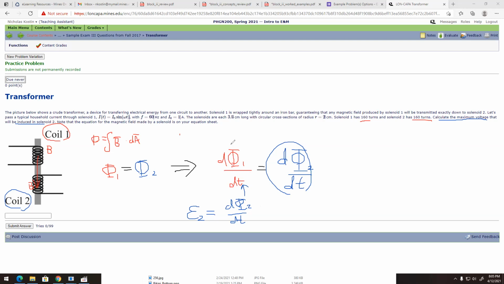And I guess you don't even have to have them having the same number of turns, because a more general form of Faraday's law would have N2, because I'm really multiplying the number of turns in solenoid 2 times the change in flux through solenoid 2. I carry that factor out in front, but then I can replace this quantity with what it's equal to, the flux through the other coil.